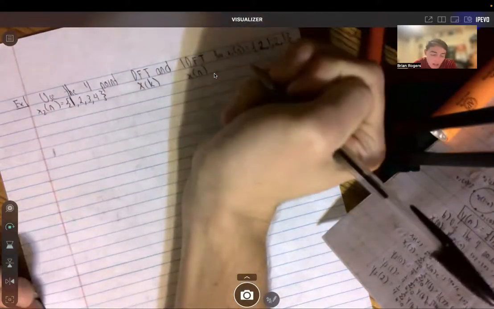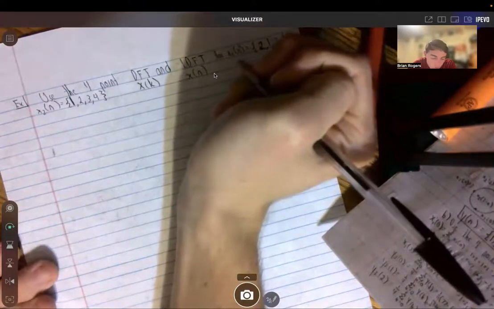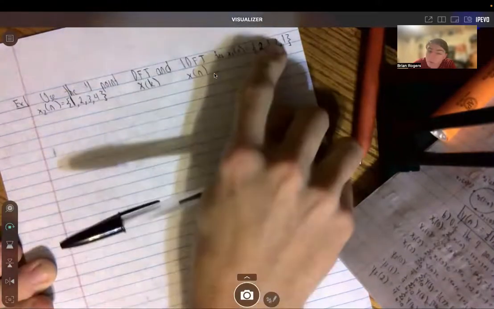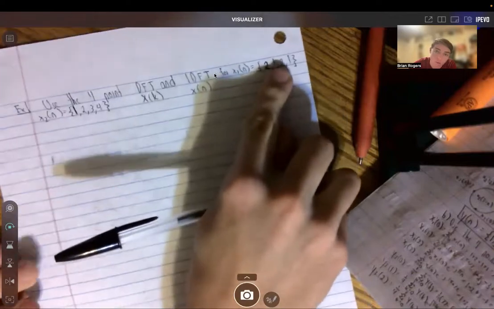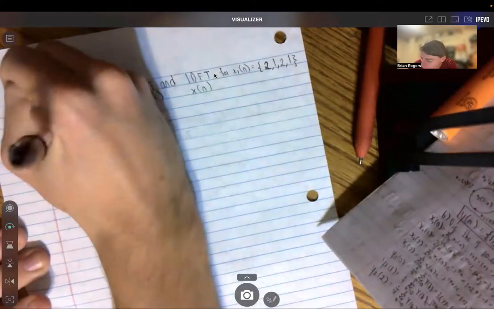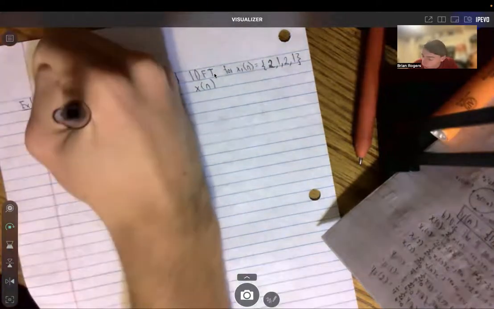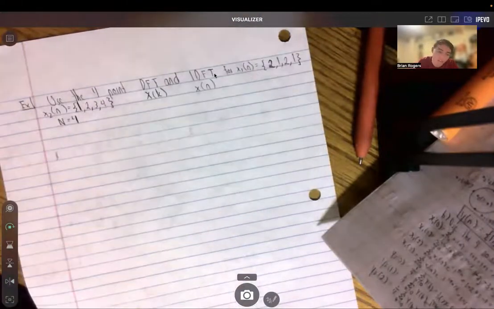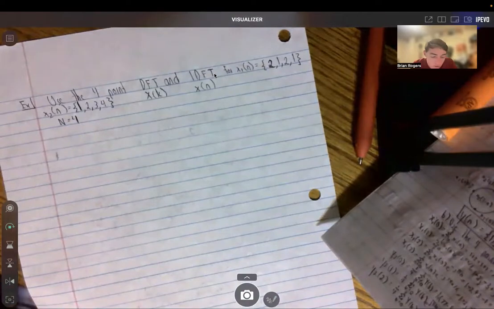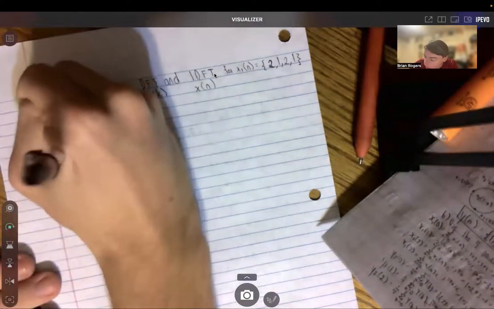What we see from here is these are both length 4, correct? So our capital N is equal to 4, because capital N represents the length of your sequence, and the length of both sequences is 4.